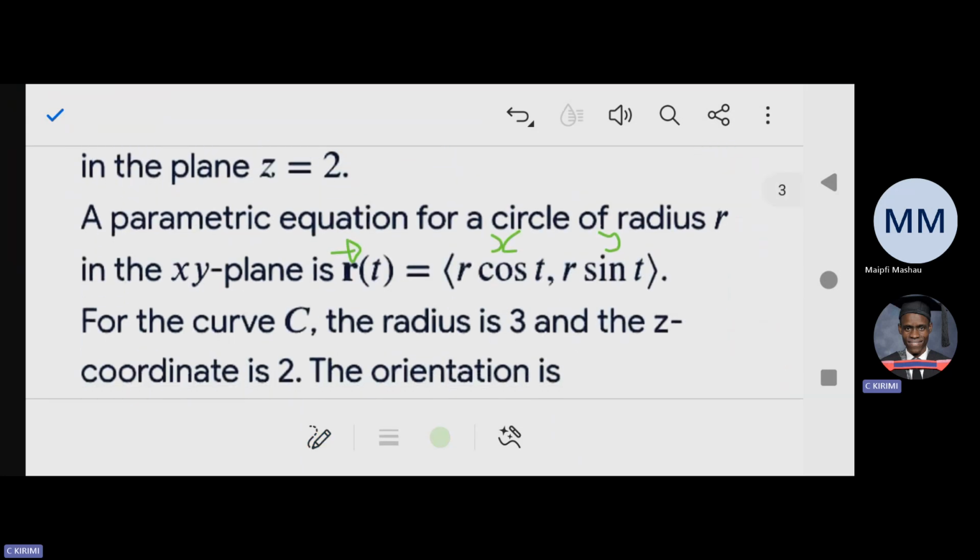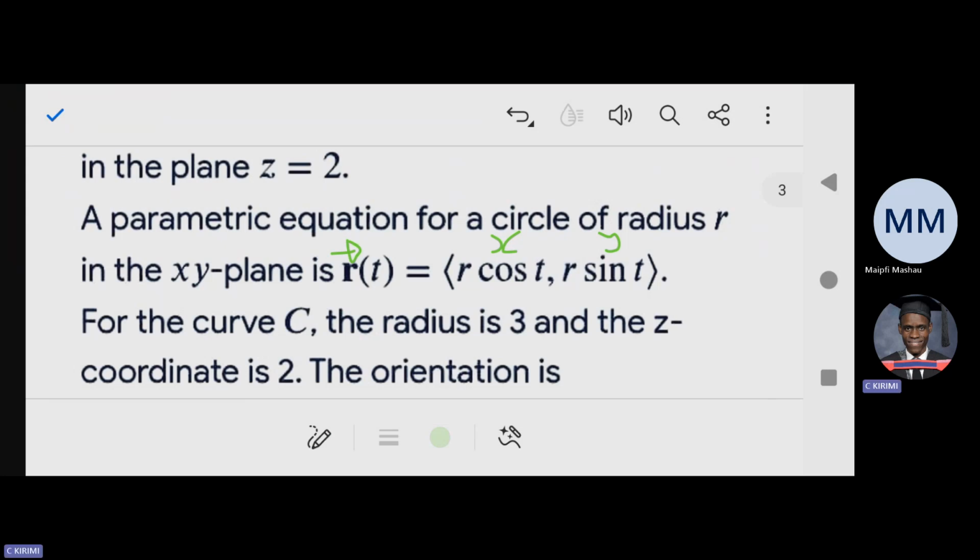This one you must know by heart. It's not difficult.